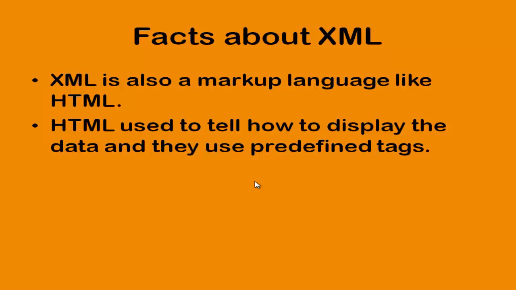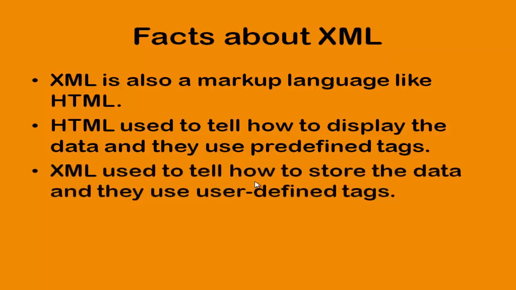Then what does XML do? XML tells how to store the data, and it uses only user-defined tags. So HTML tells how to display the data, and XML tells how to store the data. HTML uses predefined tags, whereas XML uses user-defined tags. These are some of the differences between these two languages.